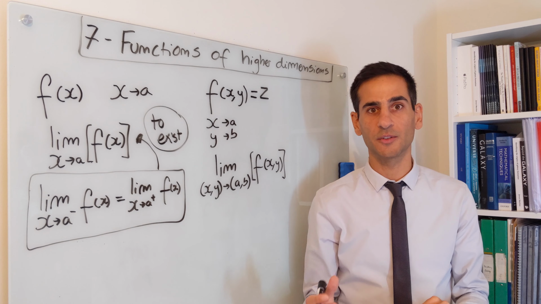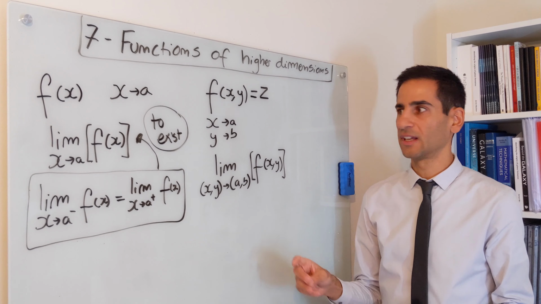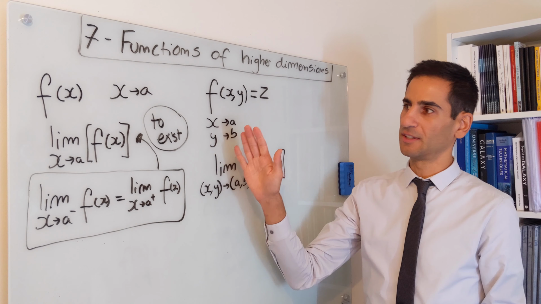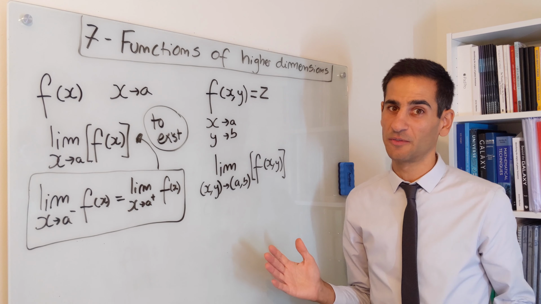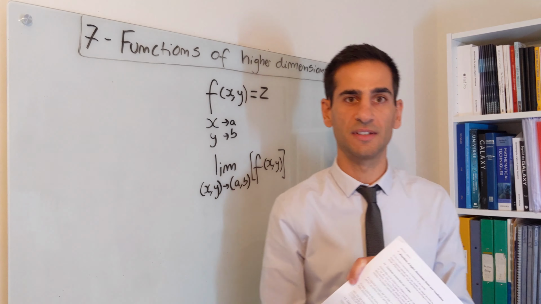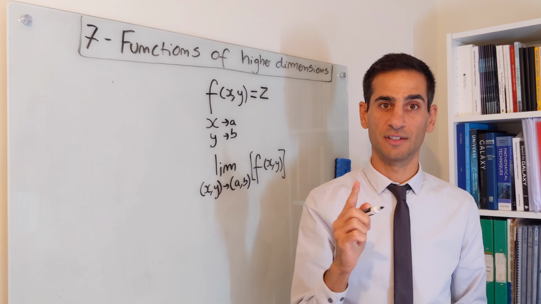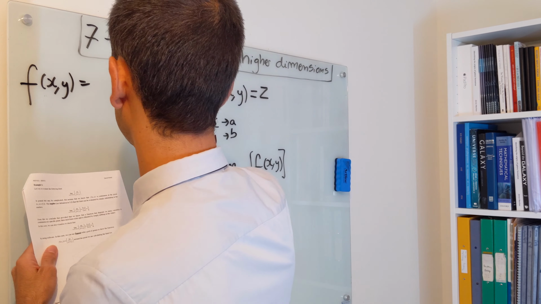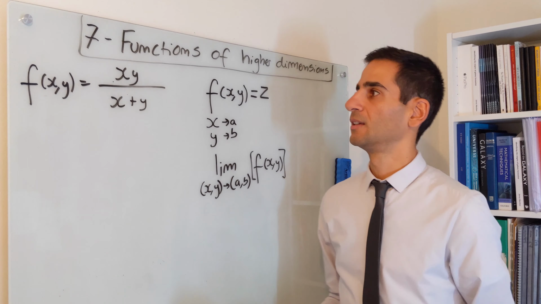So let's start with the simplest case possible. For that, let's clear the space for these functions that only depend on one variable. And let's go with the function that you can see in your lecture notes on section 7.2. This is the function that you have there.